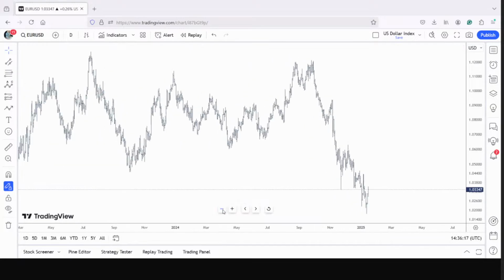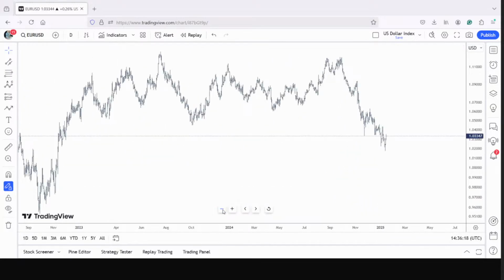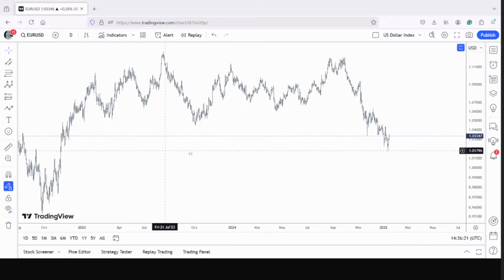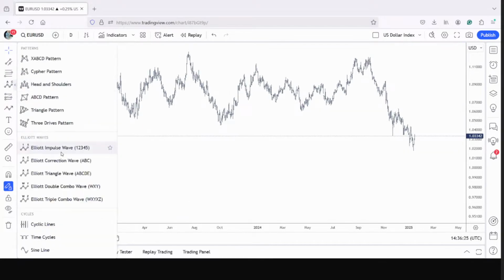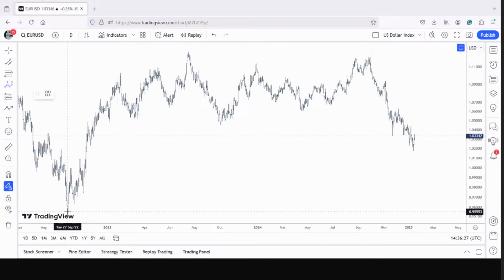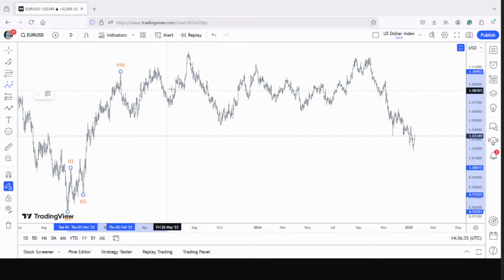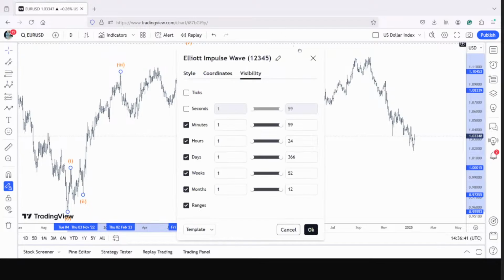Now, for those who have joined fresh, I would like to quickly touch base with the daily chart once again. The historic price action suggests we have done 5 waves on the upside. Let me change the degree quickly.